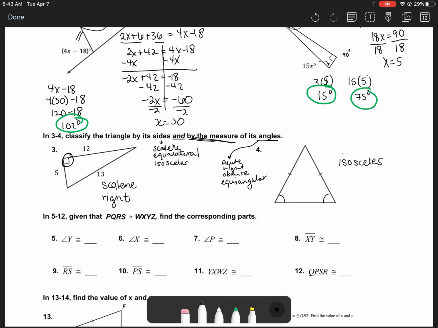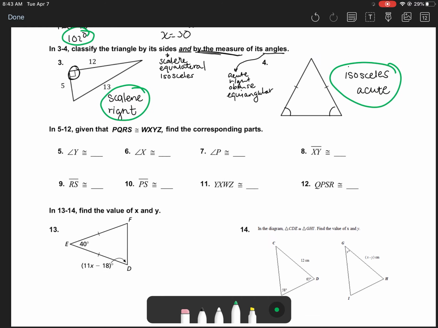We need to know whether the angles are smaller than 90. Well, there's no right angle, and there are no angles that appear to be larger than 90 degrees. So this has to be an acute triangle as well. So that's my answer for 4, and this is my answer for 3.